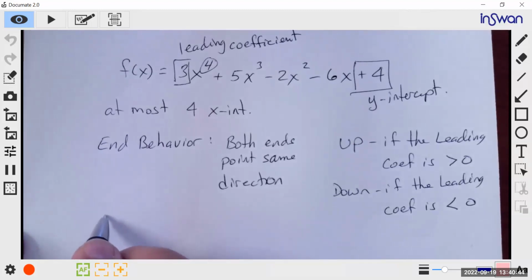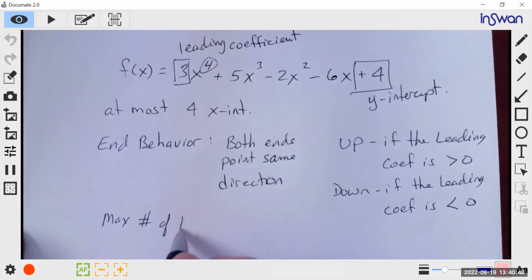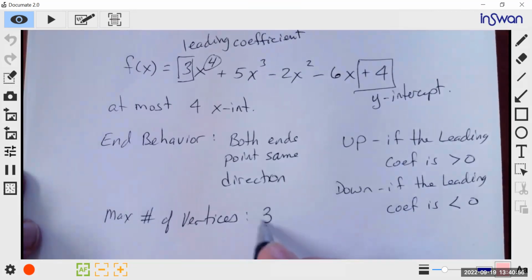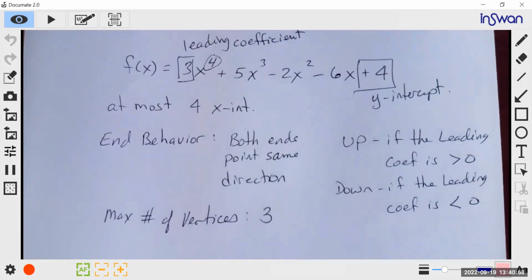Another thing, maximum number of vertices. How many vertices can I have? 3. The number of vertices always has to be one less than the number of x-intercepts.